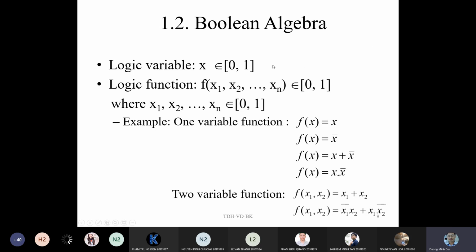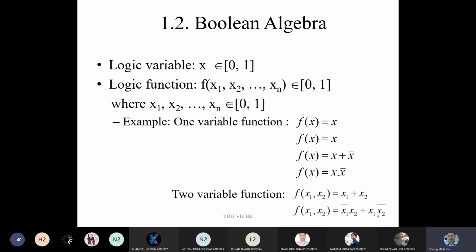For ordinary algebra, people use, for example, the natural numbers as the set, and they build the ordinary algebra. But for Boolean algebra, they use a set with just two values, 0 and 1, and then they build all the calculations around this set.